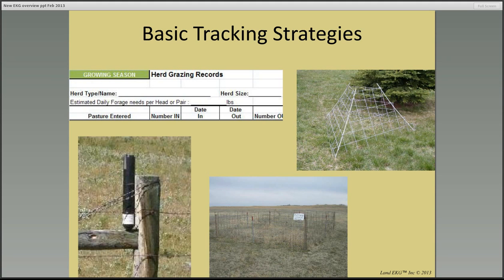Then this lower central picture is an example of what we call a recovery pen. And that's just an area that we set up for near-term evaluation of rest. And 9 times out of 10, we have estimates of what that rest period should be or could be.